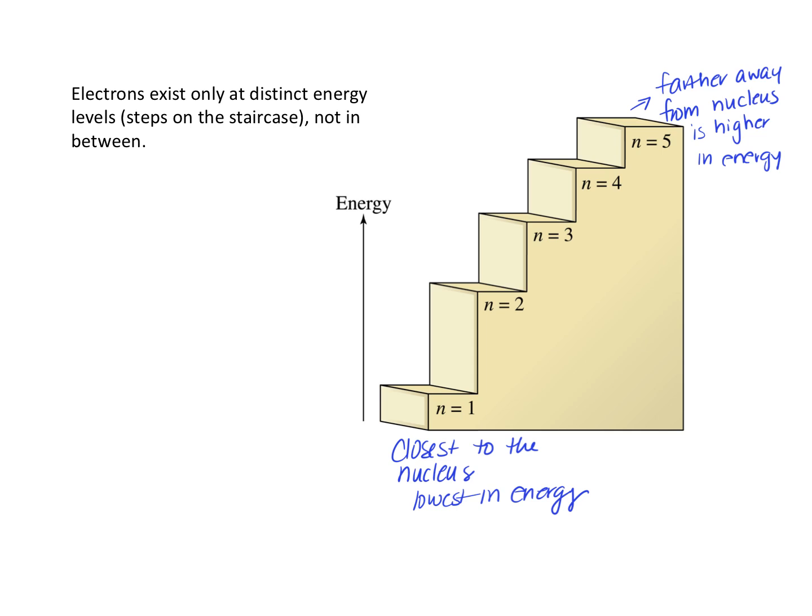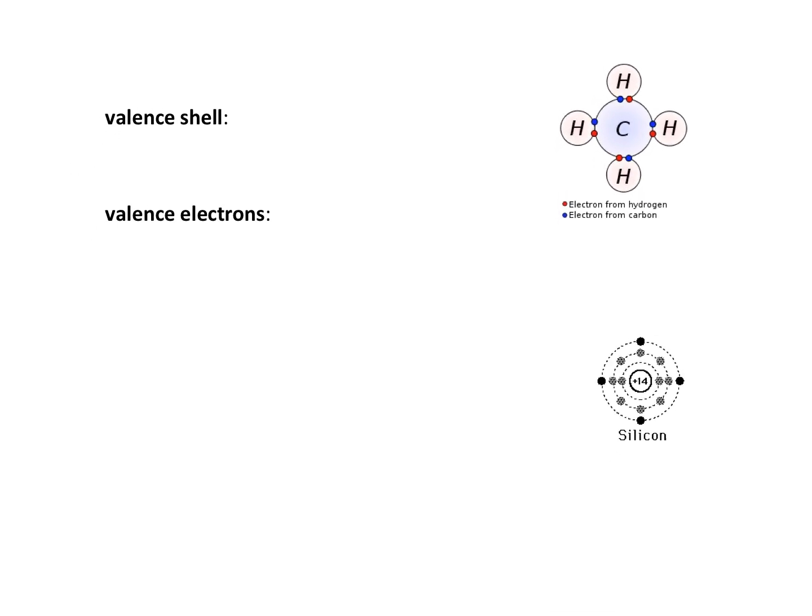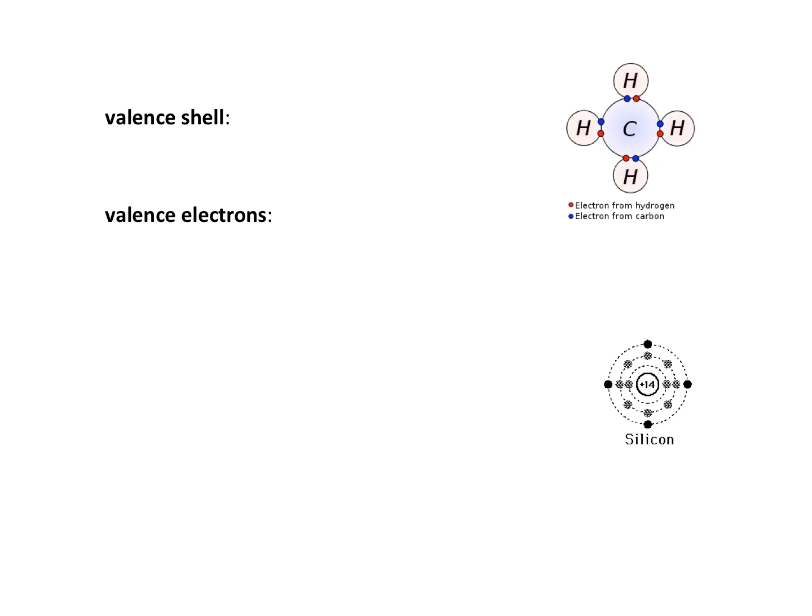Now, so we are most interested in the electrons that are in bonding in this class. And those are called valence electrons. And they're the ones that are the farthest away from the nucleus. So when we talk about this and these valence electrons, they're a lot of times referred to as being in the valence shell.